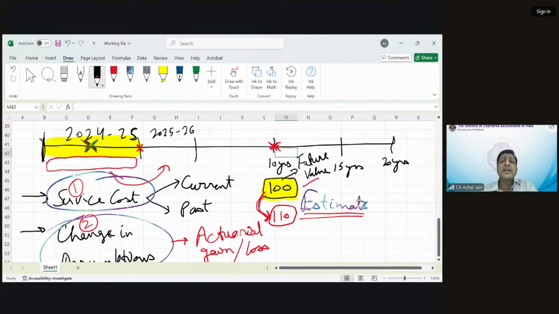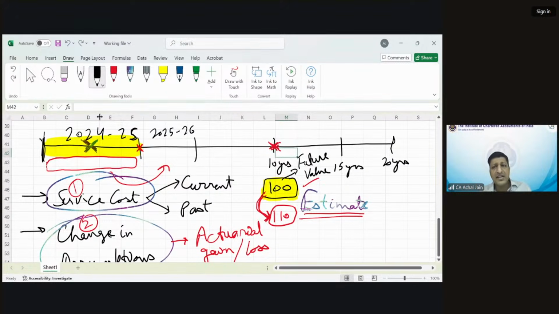Can you pass an accounting entry in your books of accounts in the financial year 24-25 at the future value? That will be wrong. If you do that, it will be incorrect. Yes or no?